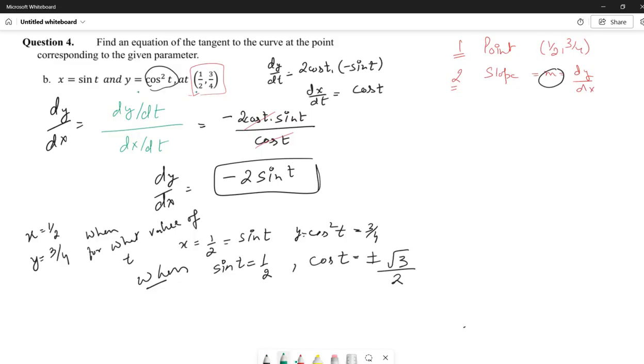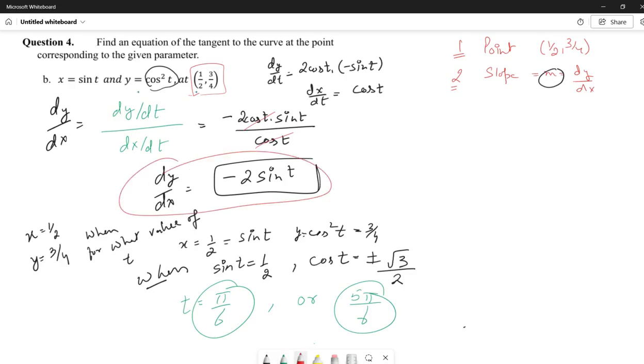So your t can be pi by 6, or because there is a negative value, that has to be 5 pi by 6. There are two possible values of t. So if we put these in the derivative to find the slope, m would be negative 2 sine t.